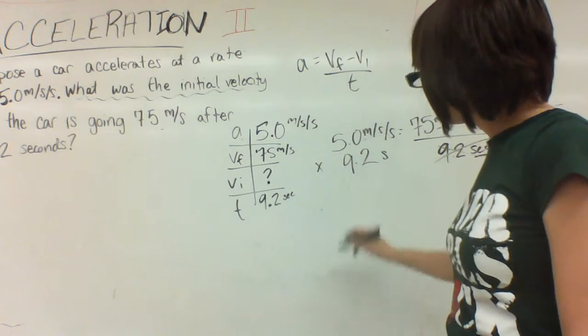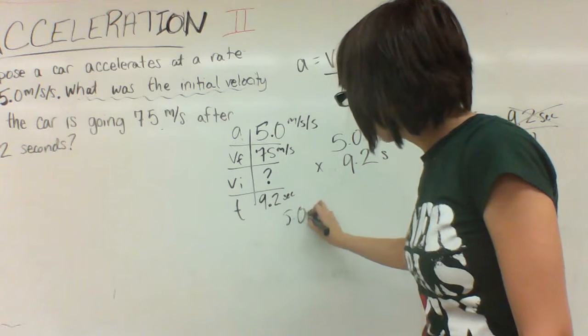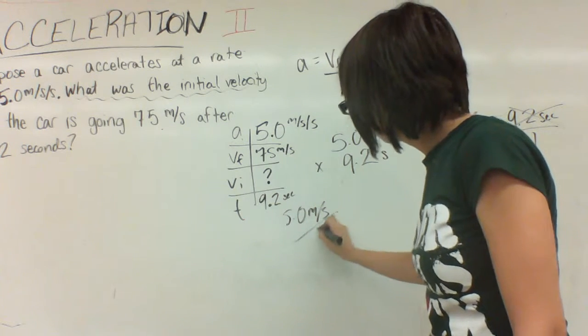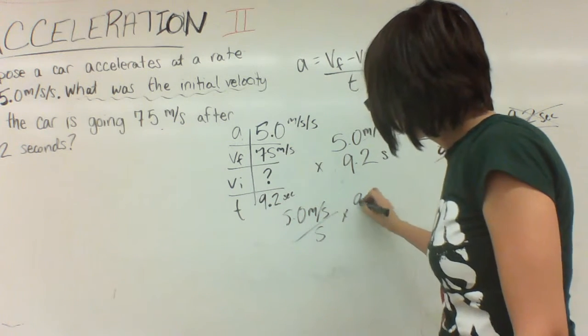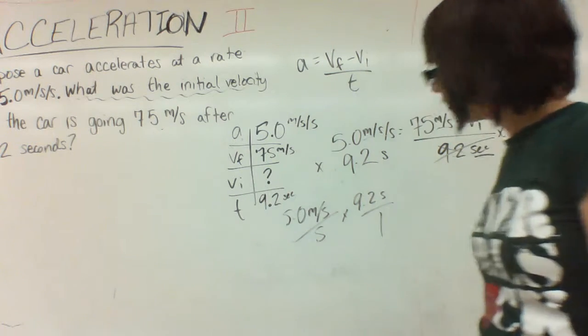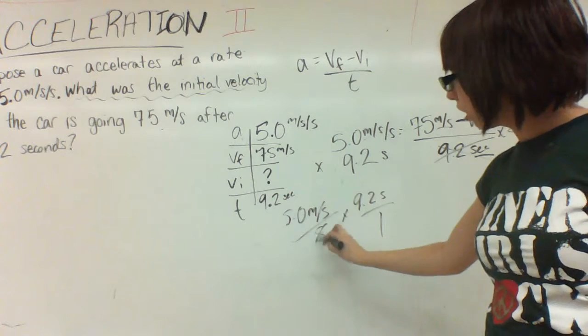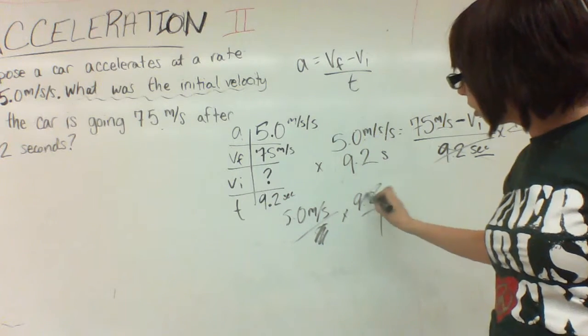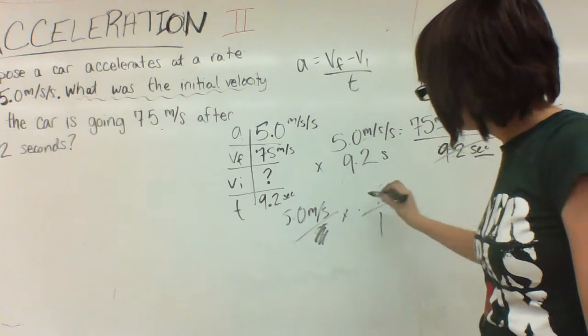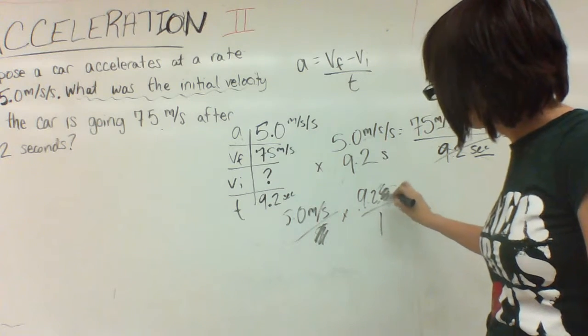And what that leaves you with, and if you wanted to see how the units cancel out, I have a second here and a second here. One in the numerator, one in the denominator. I can get rid of both. That 9.2 stays though.